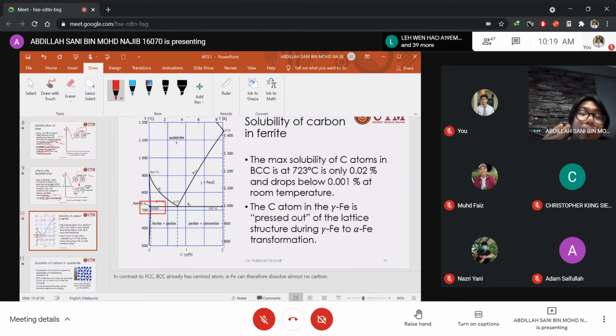We have to focus on the solubility of the carbon in the ferrite.